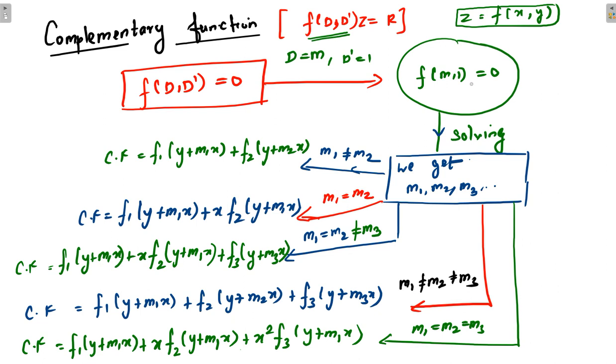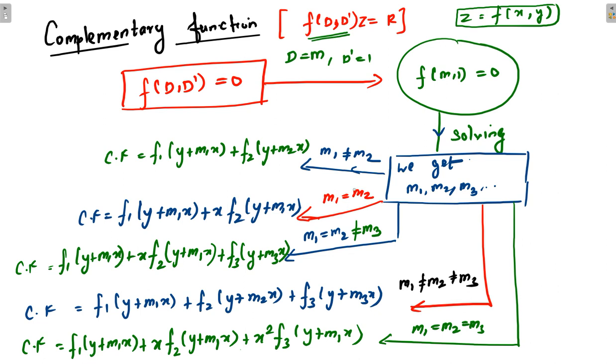Depending upon the order, depending upon the degree, you have to find the values of m, and use the nature of m. Suppose the given partial differential equation is of order 2, then you get two values of m, right?